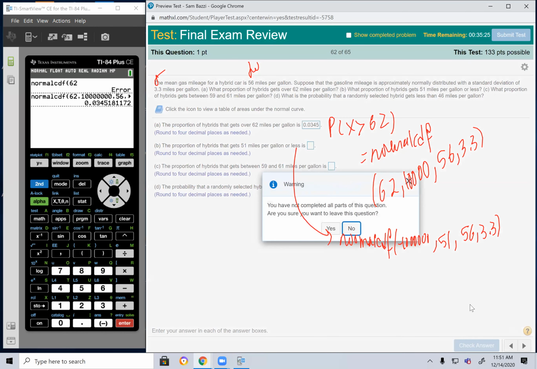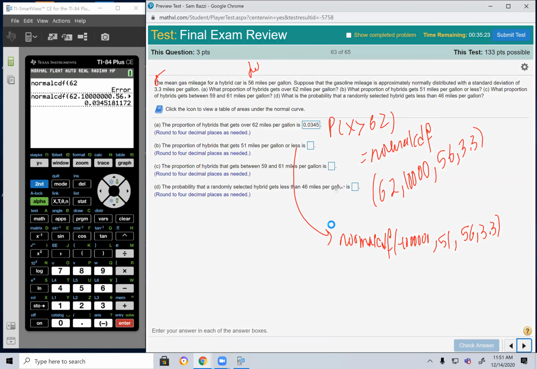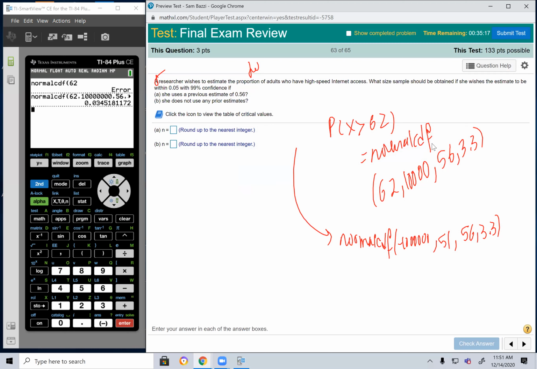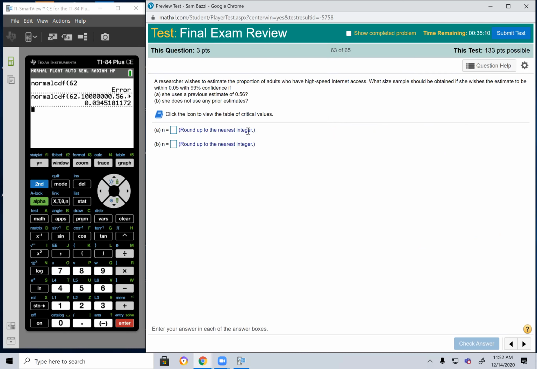And let's see what else. Oh, here you see a pop-up showing you what formula to use. What sample size should be obtained if you wish to estimate the proportion to within 0.05?